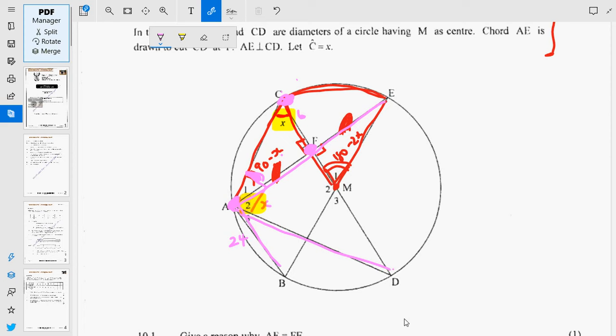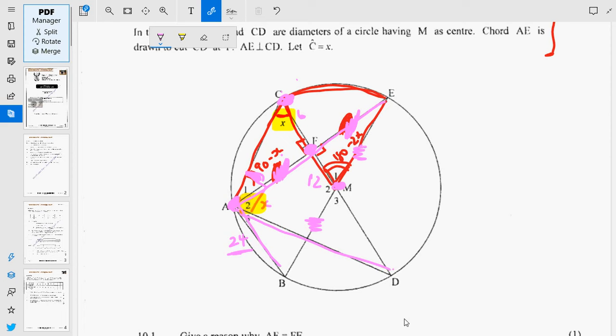The reason why I'm using the midpoint theorem here is because this side is equal to this side, and this is the center, so this is equal to this. So if this is 24, then FM is equal to 12, which is half of 24.